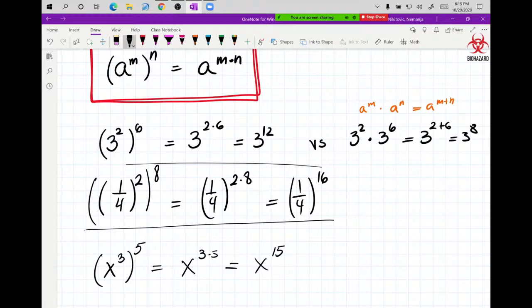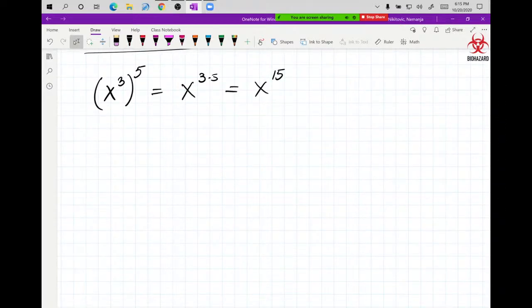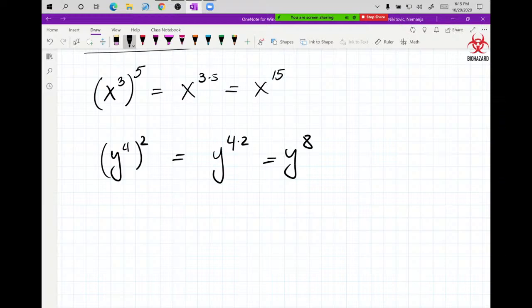Now, for those of you who wonder why this rule works, it's pretty much the same thinking as the previous problem. So let's say you have y to the 4th power and then everything squared. We said that that's going to be y to the 4 times 2. It's going to be y to the 8th.